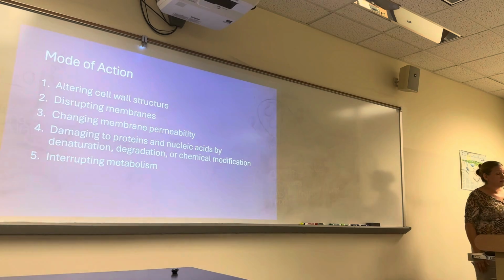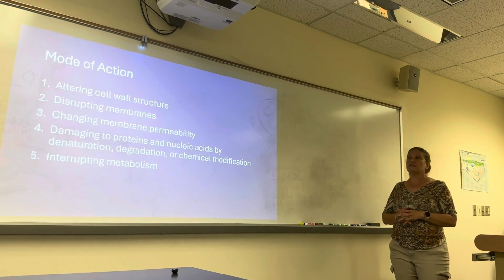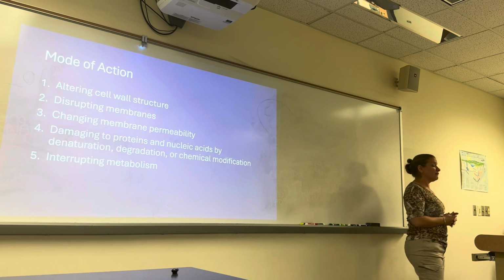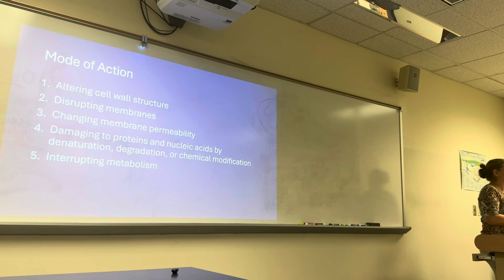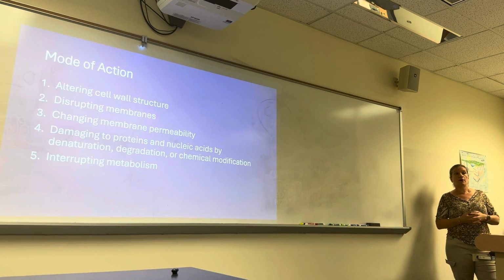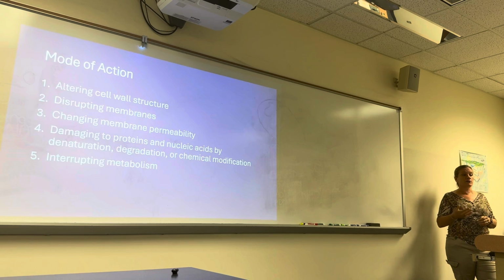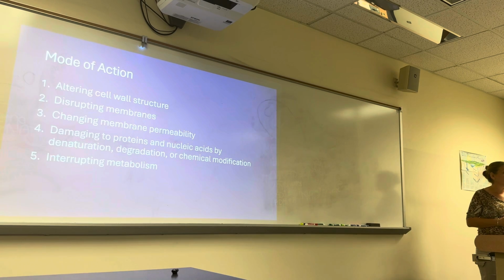Now, these different antimicrobials are going to work in different ways. They have what we call mode of action. This is how they are going to affect the microorganism. And that can vary depending upon the particular either physical or chemical antimicrobial process. One is that they might alter the cell wall structure, right?